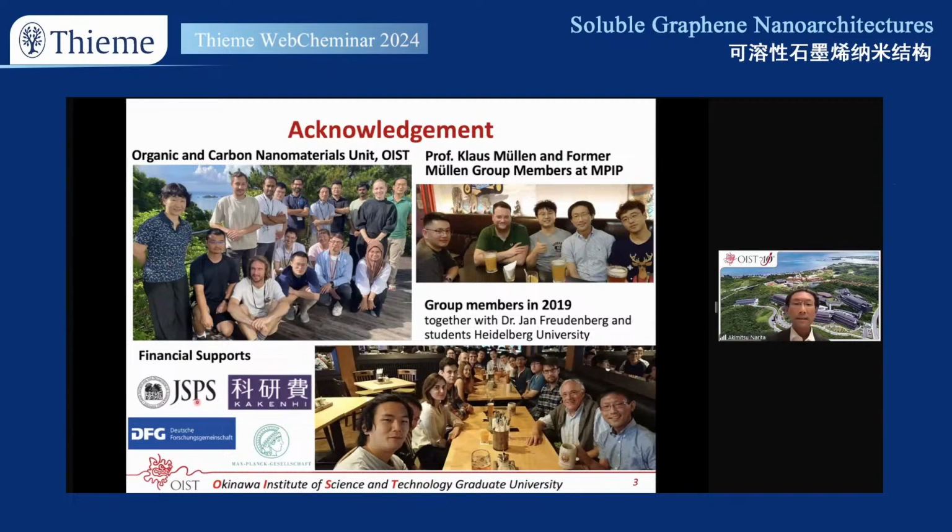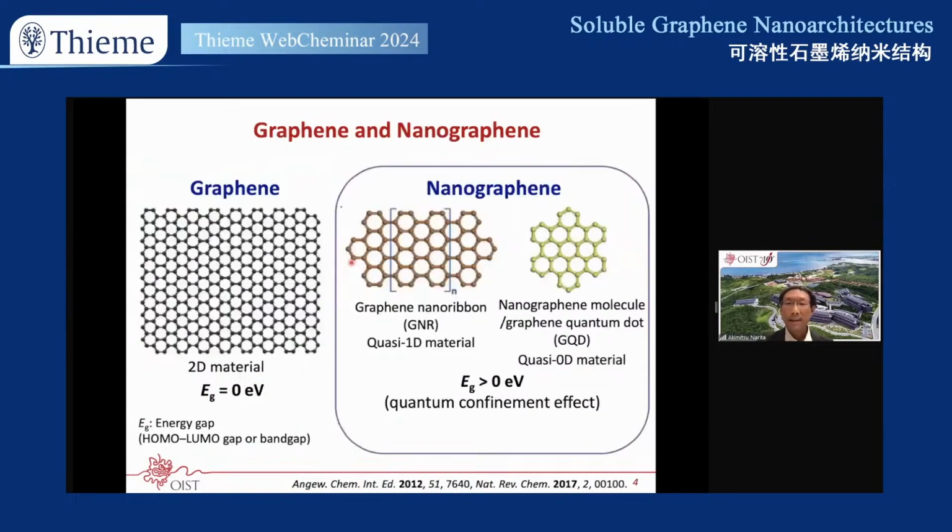I'd like to introduce my research, related also to the topic of today's web Cheminar. Graphene is already quite well known as a fascinating 2D material for a lot of applications. I'm not going to list the properties and applications, but want to mention that a drawback is that there is no band gap, if we want graphene for semiconductors, for example as field effect transistors, or for optical applications where we want to absorb or emit light.